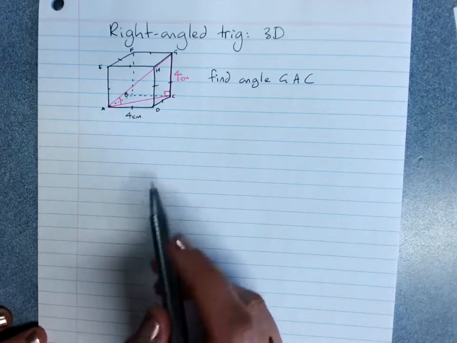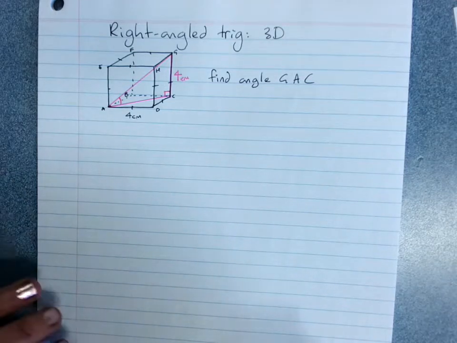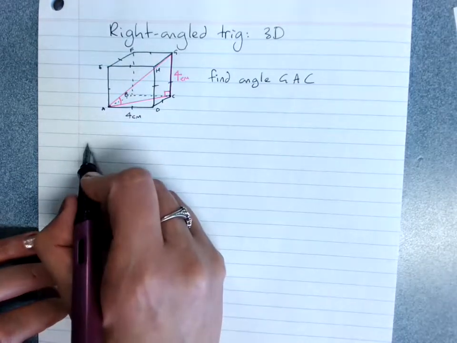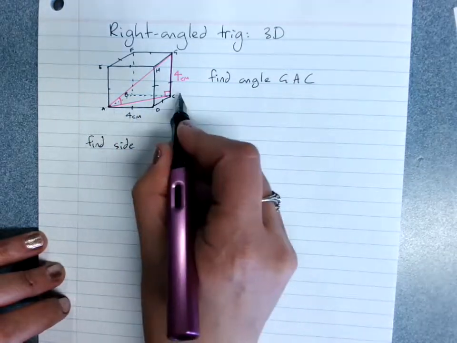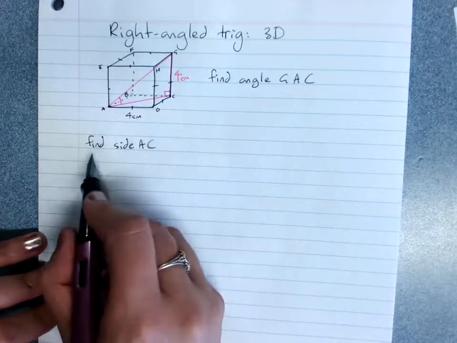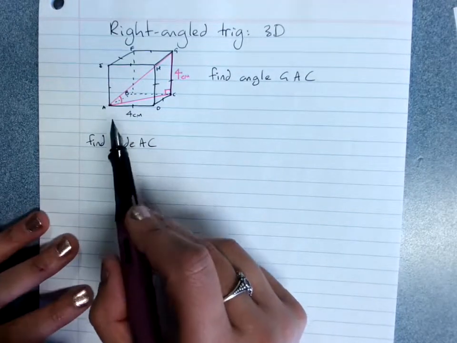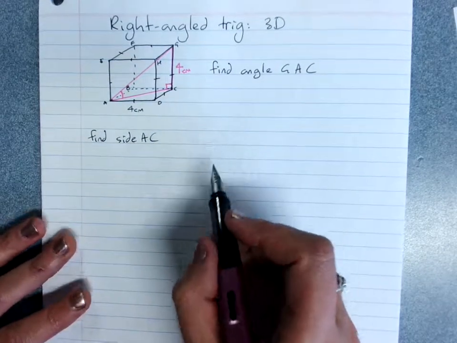triangle. As always, draw the triangle for the step that we're on, and I'm going to be starting by finding side AC. Because I can see that if I have side AC, I can use that to find the angle I want. I'm going to label what I'm doing because they haven't told me to find side AC, so I'm going to say that's what I'm doing.